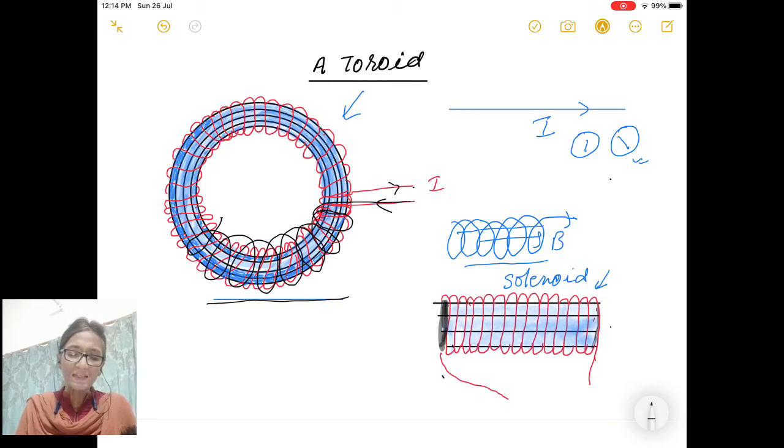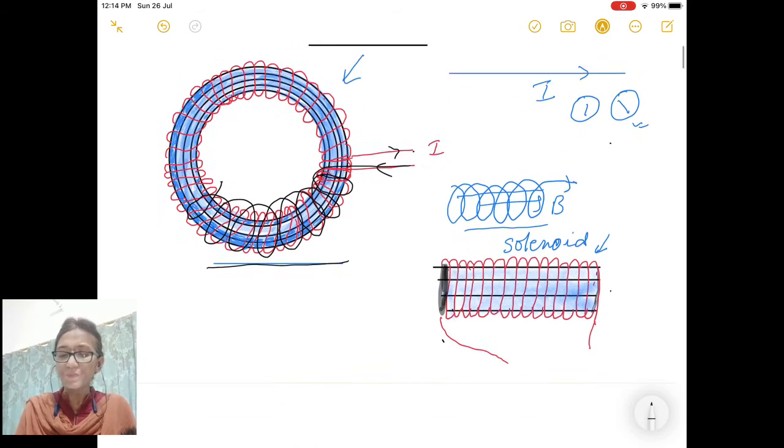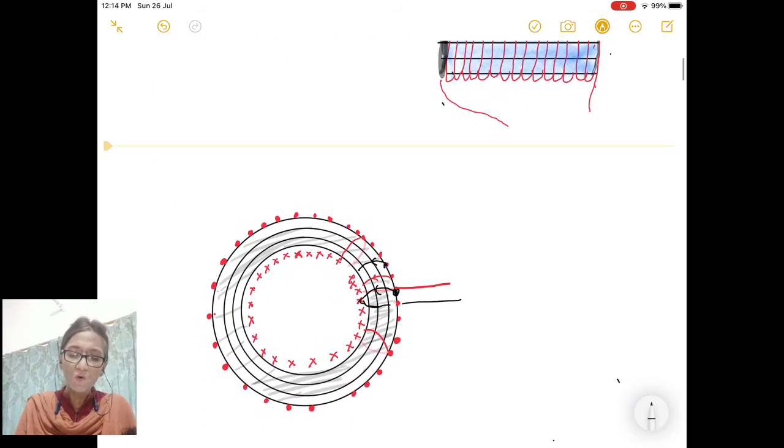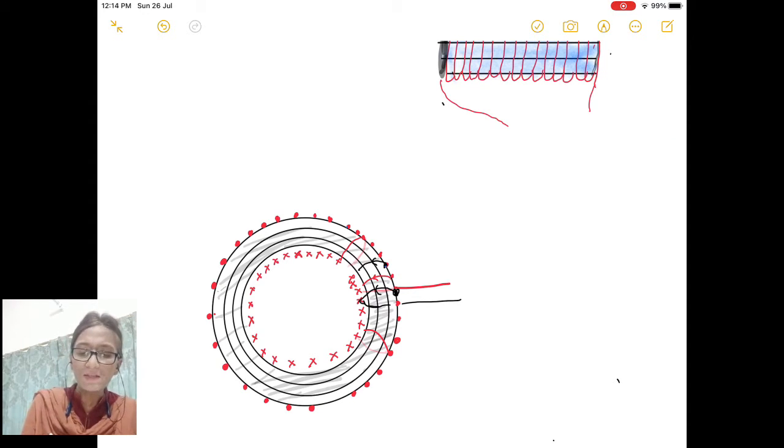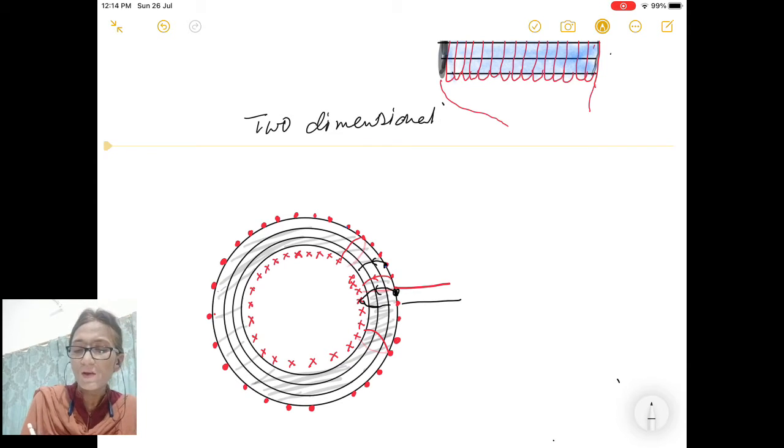This toroid is a three-dimensional figure. Now we are interested to find the magnetic field due to this toroid. So we cut a transverse section of the toroid. It is a two-dimensional figure.